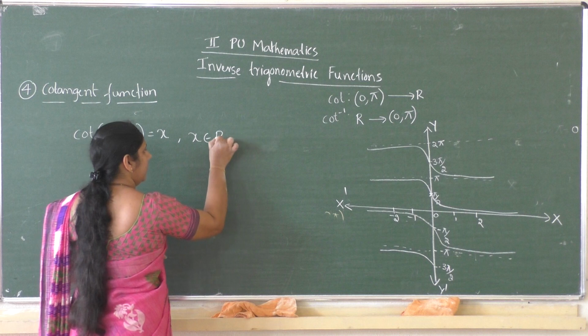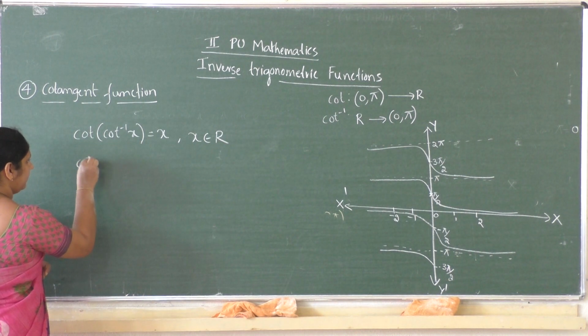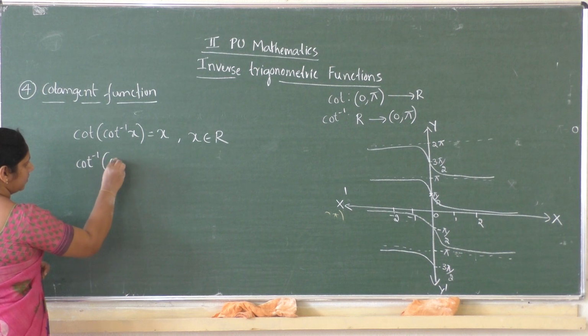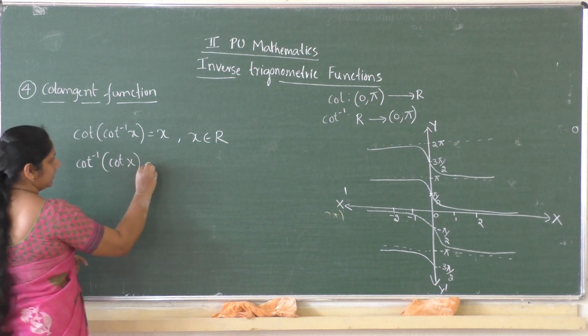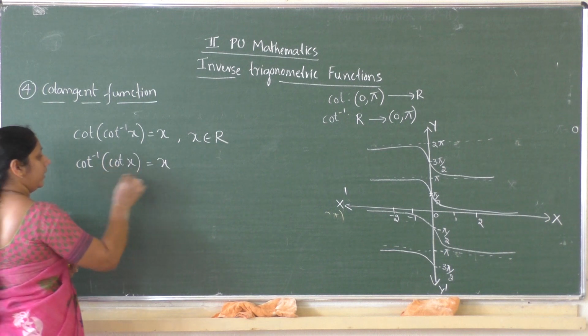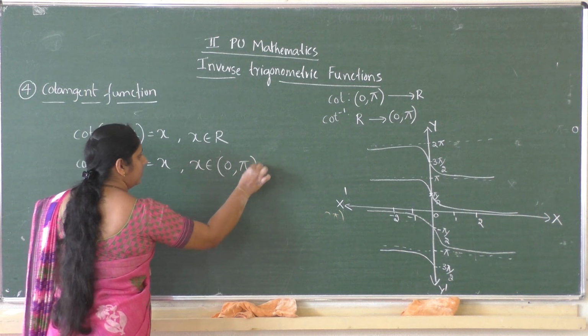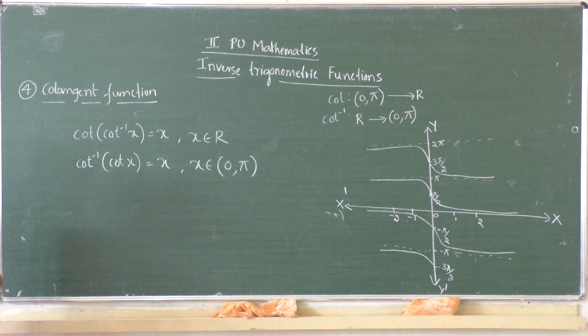R. So x belongs to R, and COT inverse of COT x equal to x, where x belongs to the domain of COT, that is open interval 0 to pi. So these are the two properties regarding COT function.